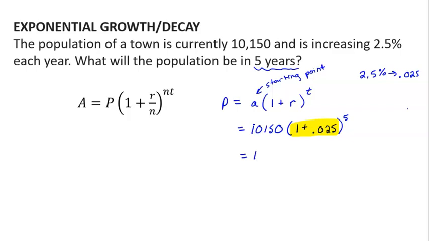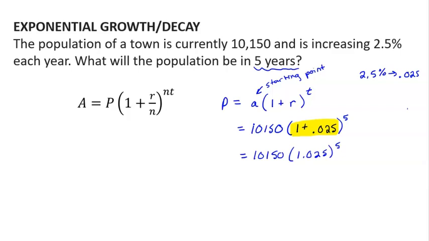And so when we think about this, 10,150, okay, the 1 means that we're keeping the original population, right? And then we are adding on that 2.5%, so 1.025. So you might see that on an exam.